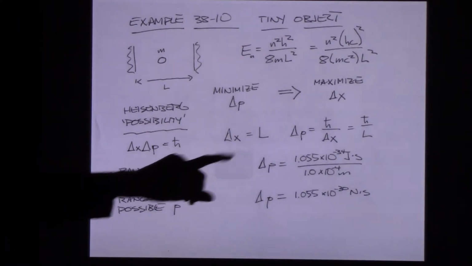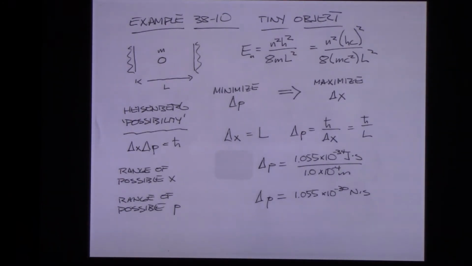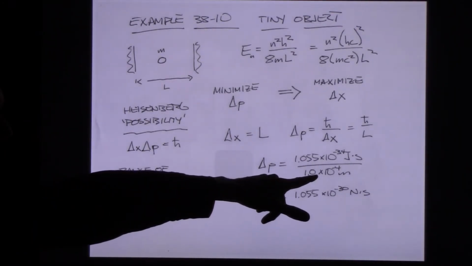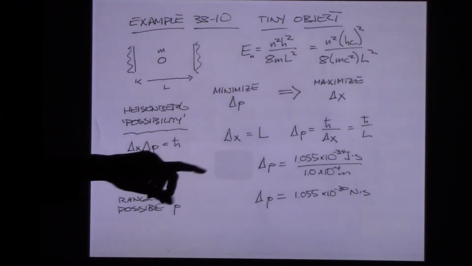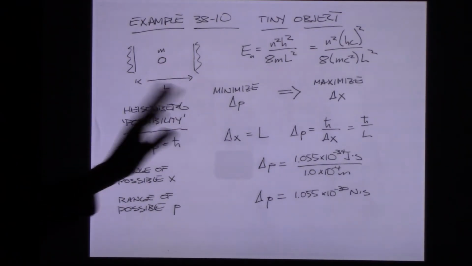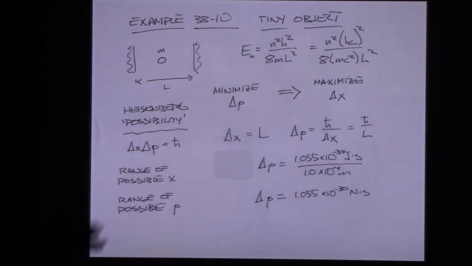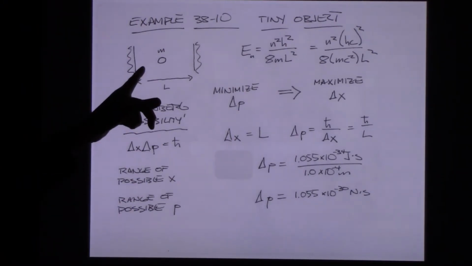So what was L equal to? Here it is, 1 times 10 to the minus 4 meters. So I've got a delta x. I'm imagining it could be found anywhere, so I want to find out what range of momentum this bacteria might have.